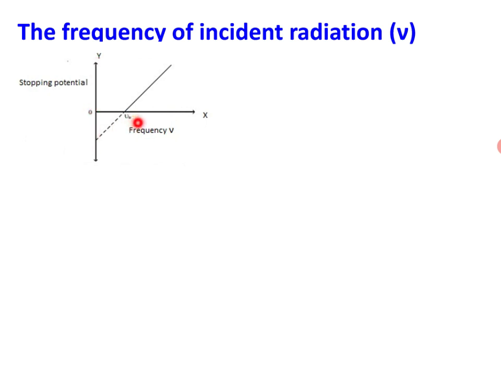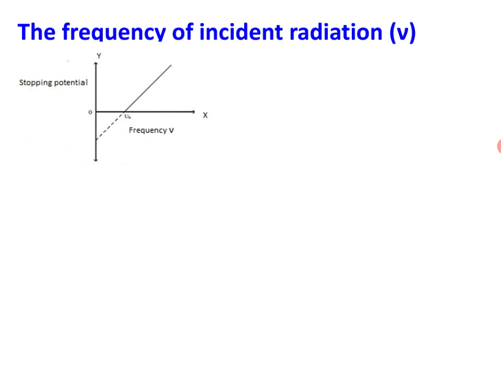Because if you increase the frequency, the kinetic energy of the electron increases. A constant energy is required to pick out the electron from the metal surface, so the total remaining energy goes to kinetic energy. To stop that kinetic energy, we should apply a much higher negative potential. As we increase the frequency of incident radiation, we should increase the stopping potential.